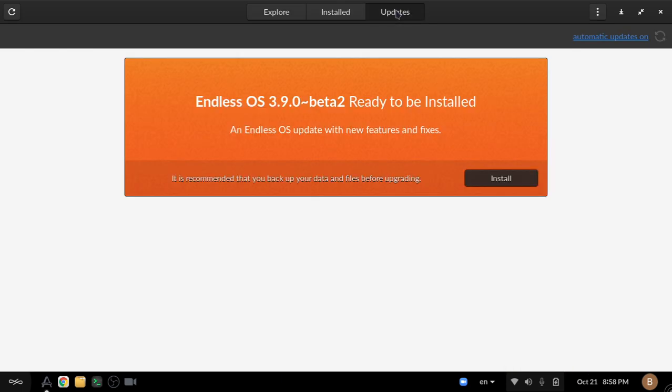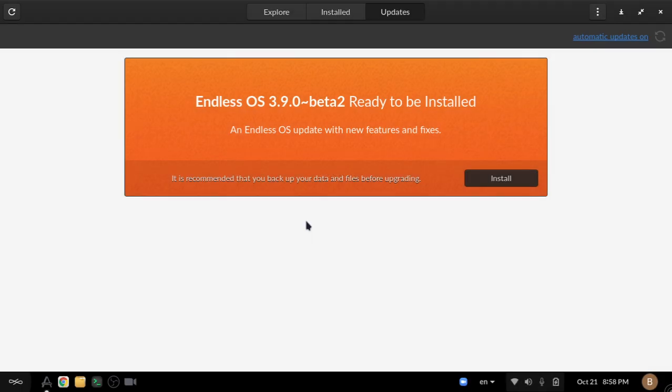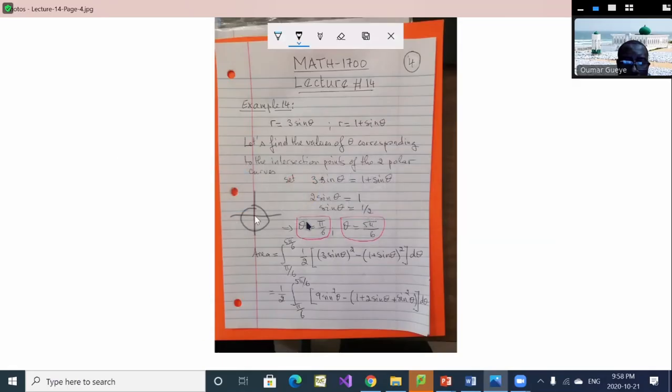I'm just going to draw the trig circle. If you have the trigonometric circle here, pi by 6 is this angle, and 5 pi by 6 is going to be here. And both of them have the sine equal to 1 over 2.